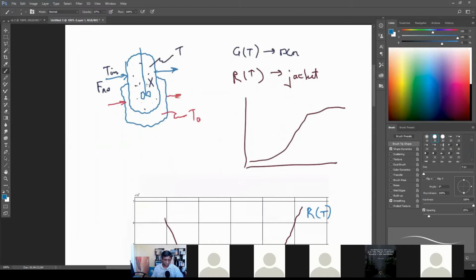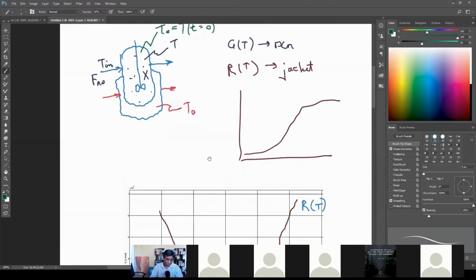So we are saying then that in this reactor, the temperature is going to change over time. We are going to start at some temperature, and let's label it T naught. So T naught is a special temperature. It's the temperature initially, so when time equals 0, the temperature in the reactor is T naught.